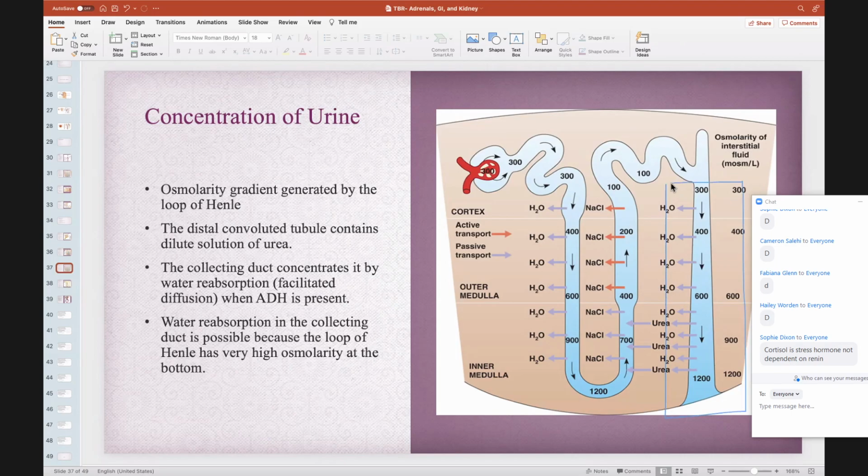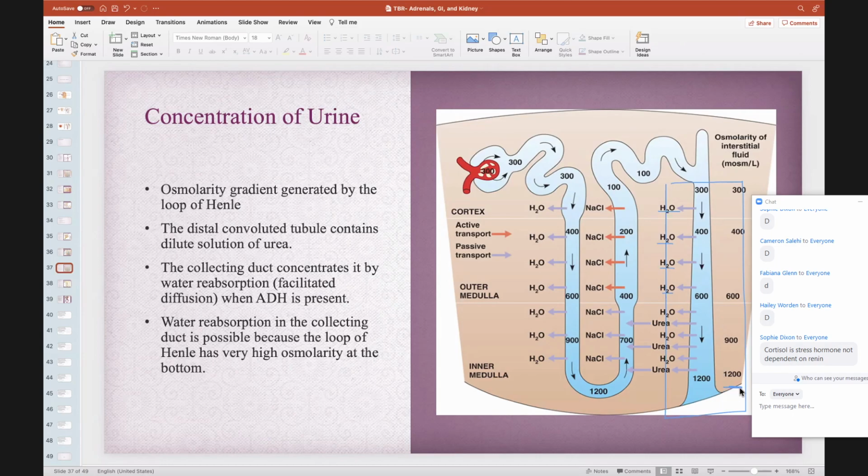The collecting duct is lined with these aquaporins that allow water through. As it's leaving through the collecting duct and being drained into the renal pelvis, the water content of this filtrate, the stuff that's inside the nephron, is going to try to balance itself out with the osmolarity of the interstitial spaces in the kidneys.